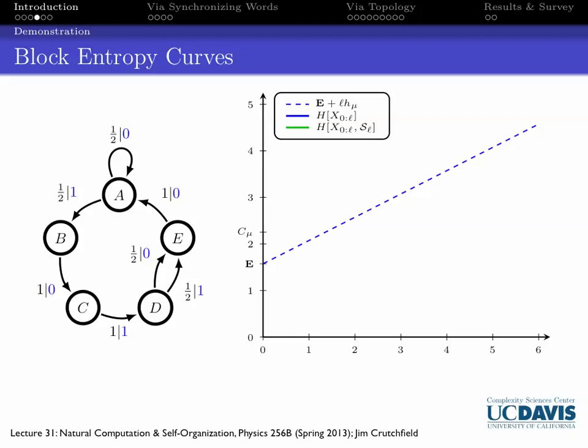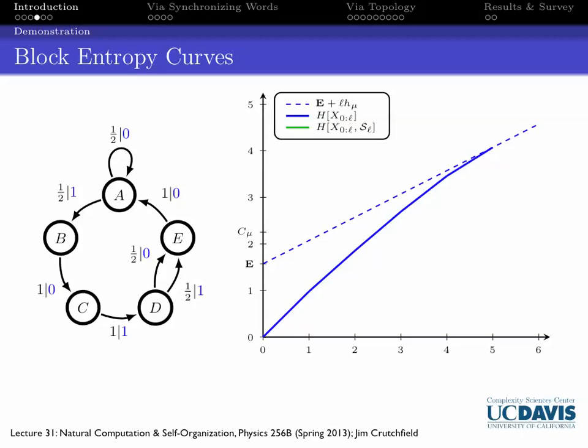Okay, so if we plot block entropies for this process, the noisy random phase slip process, first, the length 1 block entropy is some value, approximately 1. Length 2 is some other value here. Length 3, length 4, length 5.